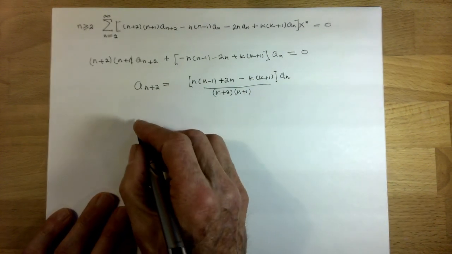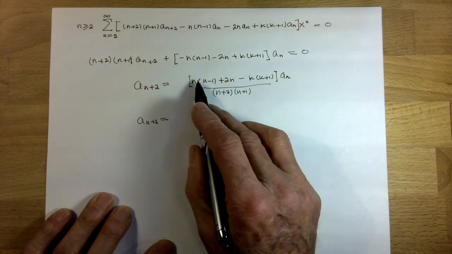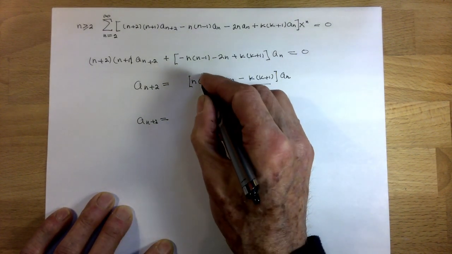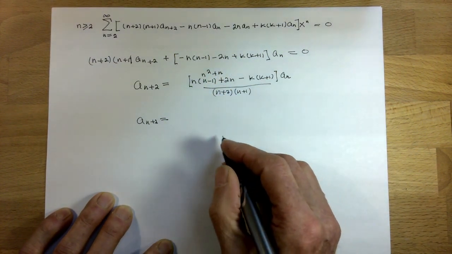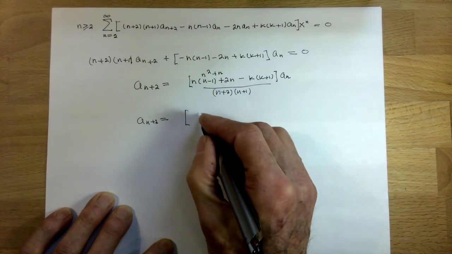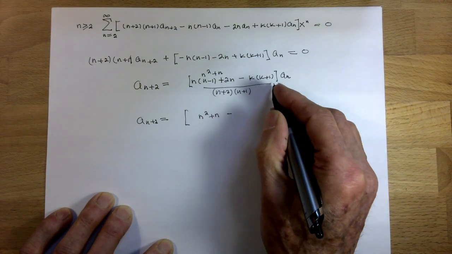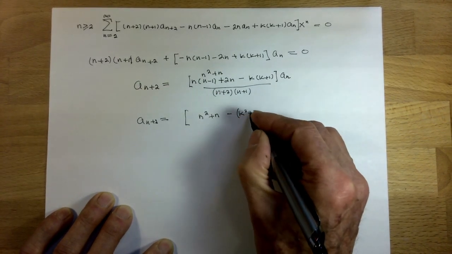So we finally get a sub n plus 2. Now this is n, this becomes n squared minus n plus 2n, so it becomes n squared plus n. So the whole thing becomes n squared plus n minus, let's multiply this out, minus k squared plus k.